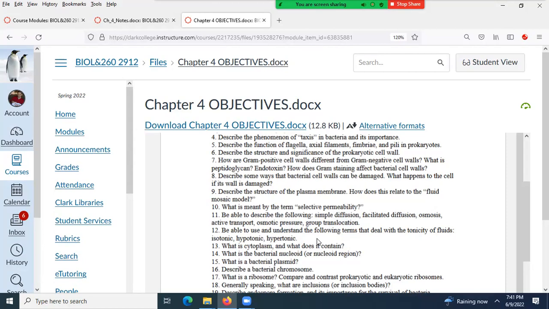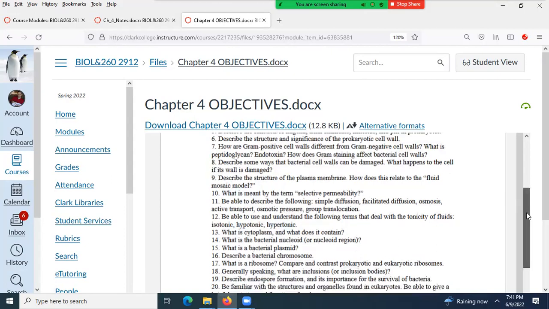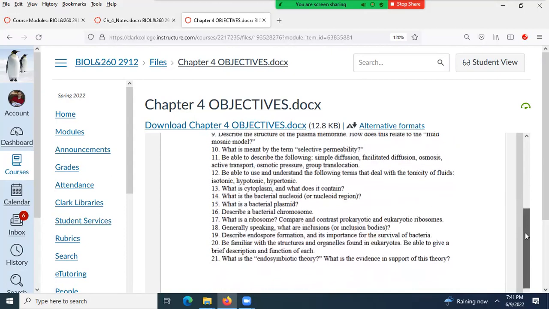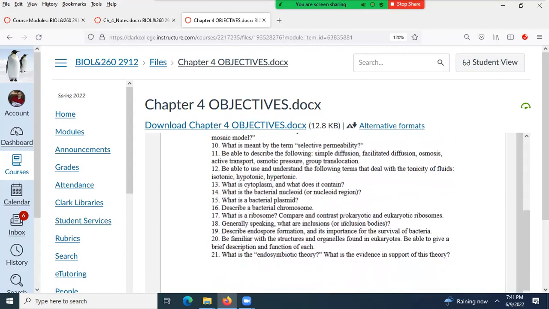All right, you should know what tonicity is and describe what isotonic, hypotonic, and hypertonic solutions are. You should know what cytoplasm is, the bacterial nucleoid region, what's a bacterial plasmid, bacterial chromosome. You should be able to compare and contrast bacterial ribosomes with eukaryote ribosomes.